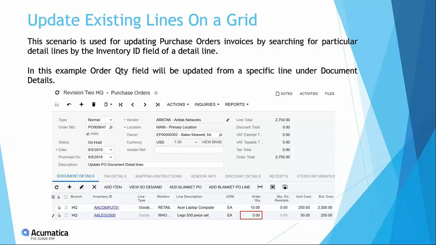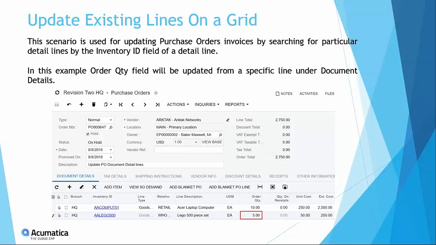This will apply for other screens, but in this case, we will use the custom key field that we reviewed in lesson 1 to let the system know which line is the one that we are going to update. Let's say the quantity for this purchase order is not correct, and we need to update. If you have imported a lot of purchase orders and the quantities are not correct, and there are other fields that you need to update, you can do it with an import scenario.